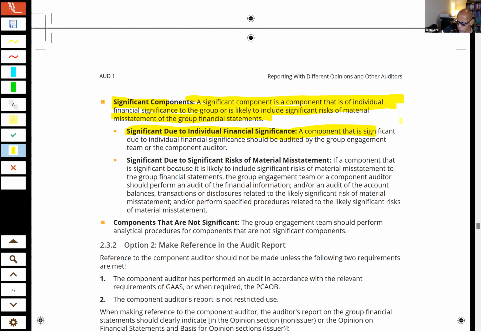A component that is significant due to individual financial significance should be audited by the group engagement team or the component auditor. Now, when we say due to individual financial significance, we're talking about what? Pure materiality.